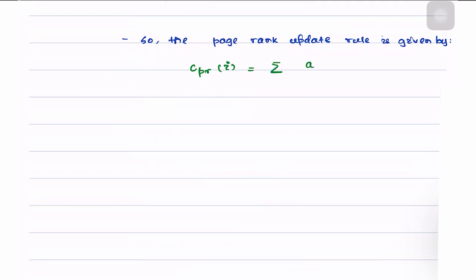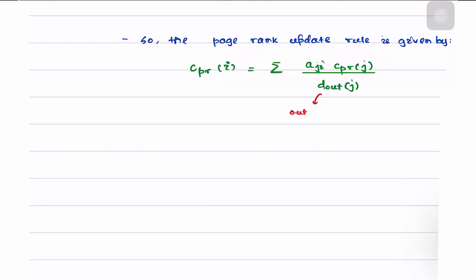Then we write it as A_ji times CPR_j, but we also divide it, so this means that the jth node is passing on its importance to the ith node, but the jth node will not pass on all of its importance. It will divide its importance equally among all of its out neighbors. Hence, we divide this by d_out of j.